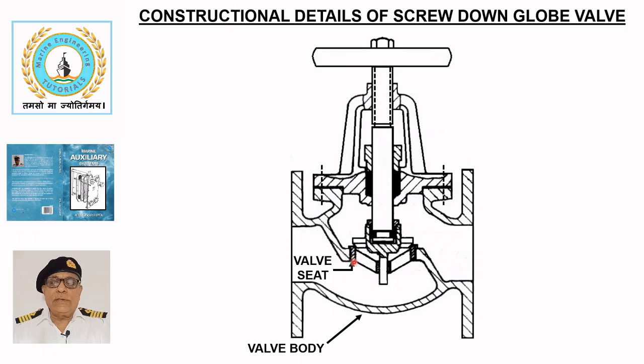The valve seat is attached to the body by screwing it in. In smaller valves, the seat is an integral part of the valve body. To increase the service life of the seat, its seating face is overlaid with steelite, an alloy of cobalt and chromium, which is known for its exceptional hardness, wear, and corrosion resistance.